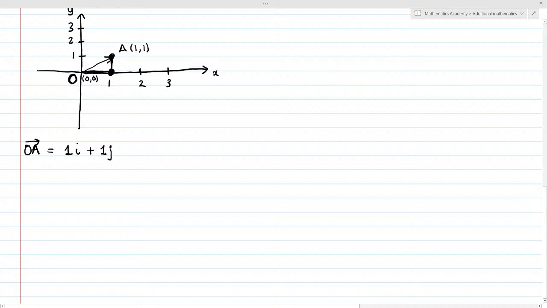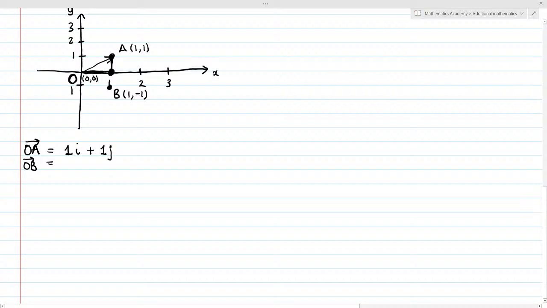Now let's look at a different example. Suppose we had the point B here at the bottom at 1, negative 1. Well, what can we do? We can repeat exactly the same process. So again, how do we get from O to B?